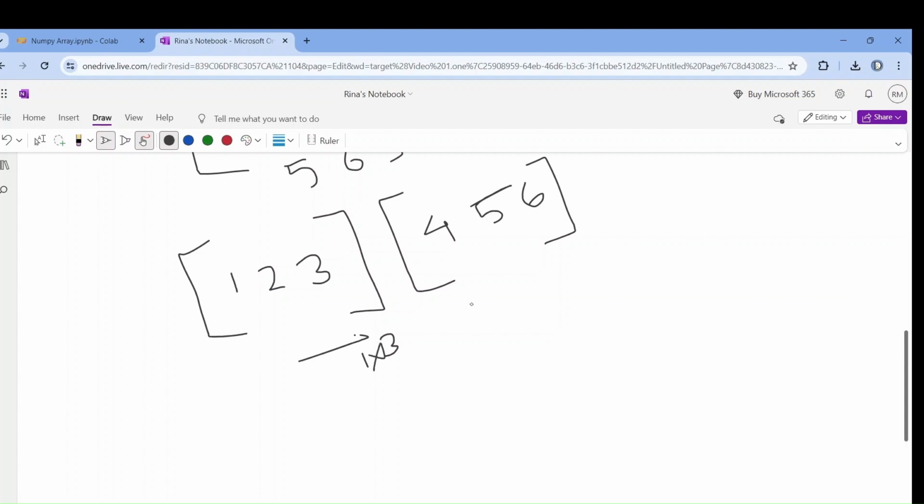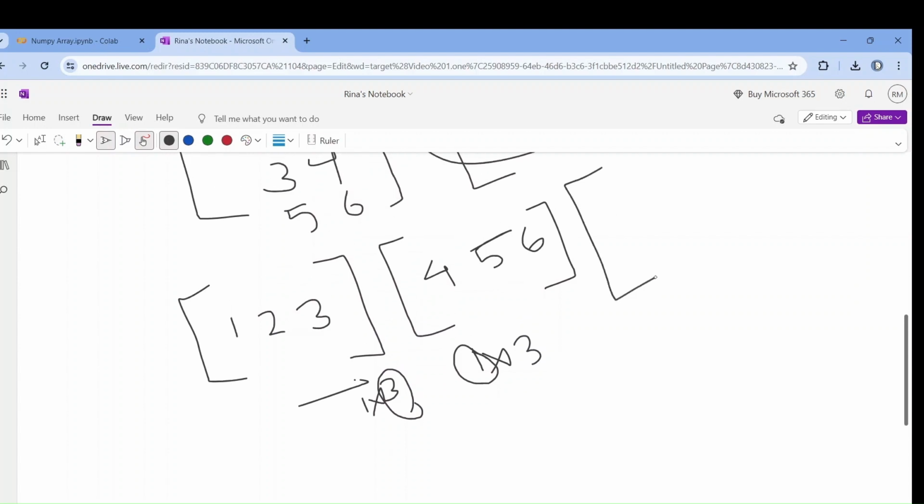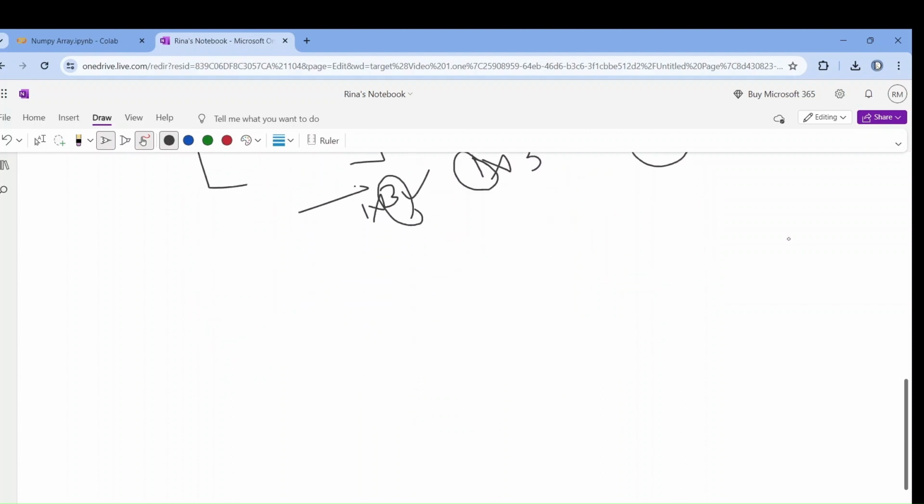What is the shape? 1 row, 3 columns. Now, do you think that multiplication is possible? No, because the rule is that this number and the starting number must be the same. So this one will not be possible. So what can we do? We can transpose this matrix to this form. 4, 5, 6. Now, what is the shape? Now the shape is 3 into 1. Now see, the ending value 3, the starting value 3, both are the same. So multiplication is possible. Clear?